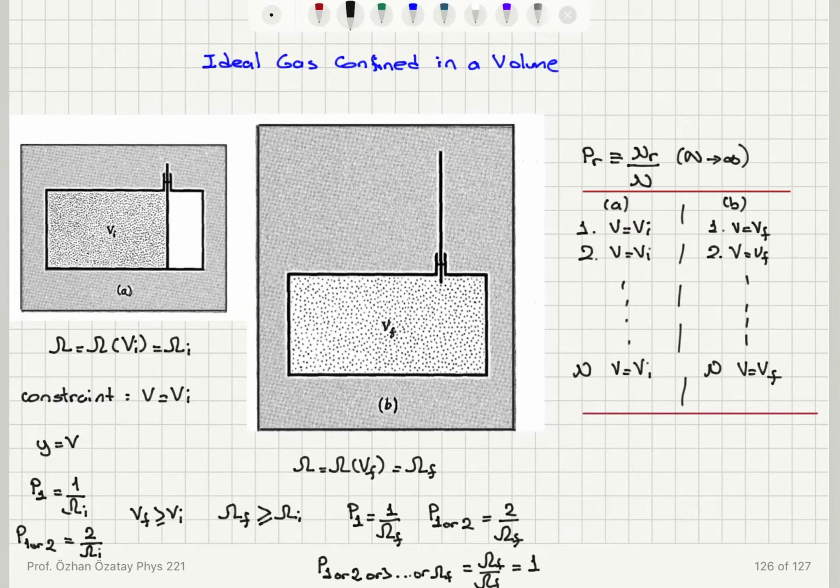Okay, so immediately after the removal of this partition for this example, so here I have a partition and I'm removing the partition. So let's say that at t is equal to 0, the partition is removed.